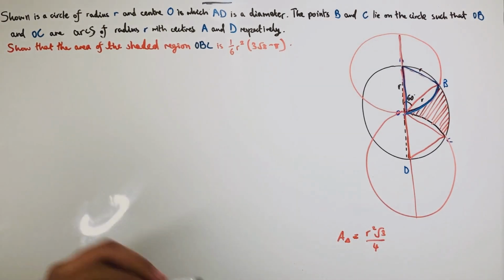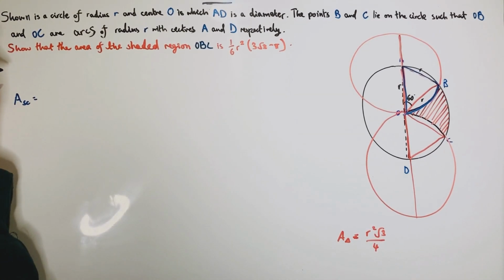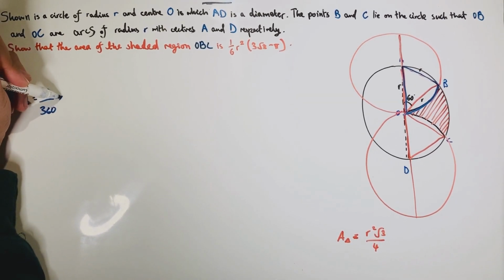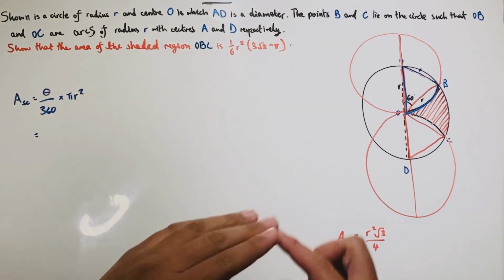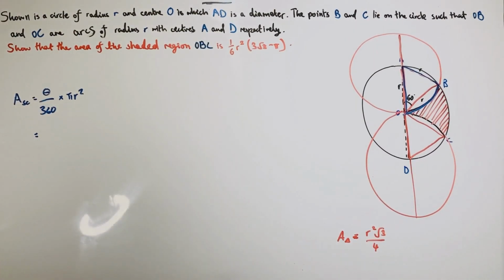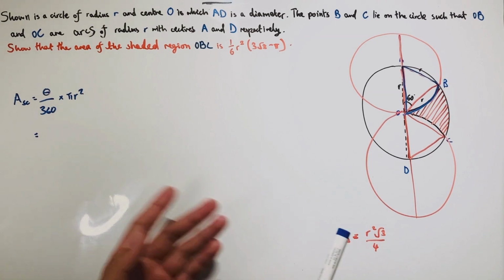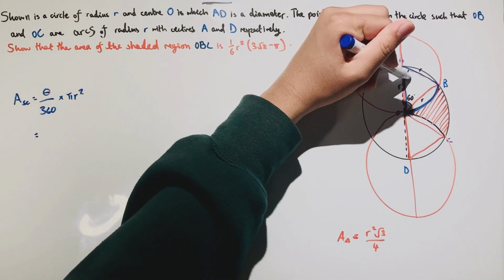The area of a sector is equal to theta over 360 times pi r squared, because pi r squared is the area of the whole circle. Theta over 360, you're taking a proportion out of 360 degrees. And that's exactly what we're doing. So what is this angle here? That's going to be 60 degrees, isn't it?